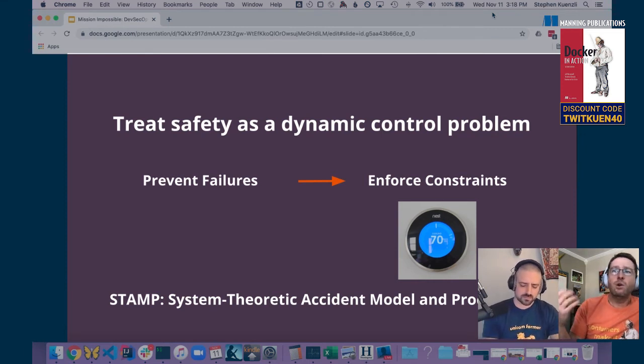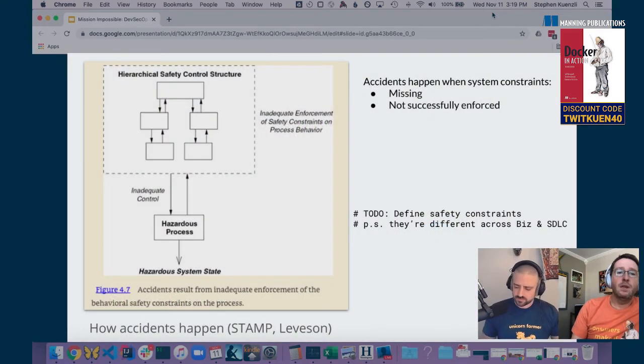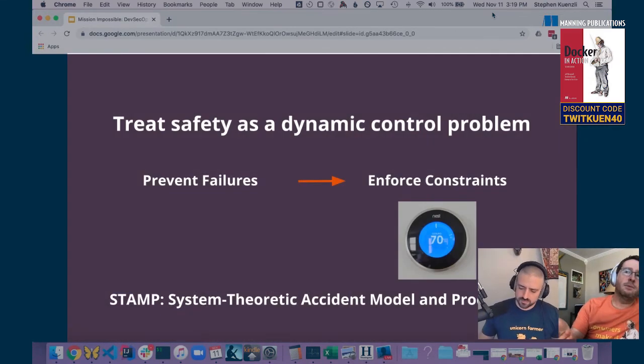And what we can do is then create libraries and processes and all kinds of support within our systems to enforce these constraints and keep our system safe. So let me stop there. Jeff, what are your thoughts on that?